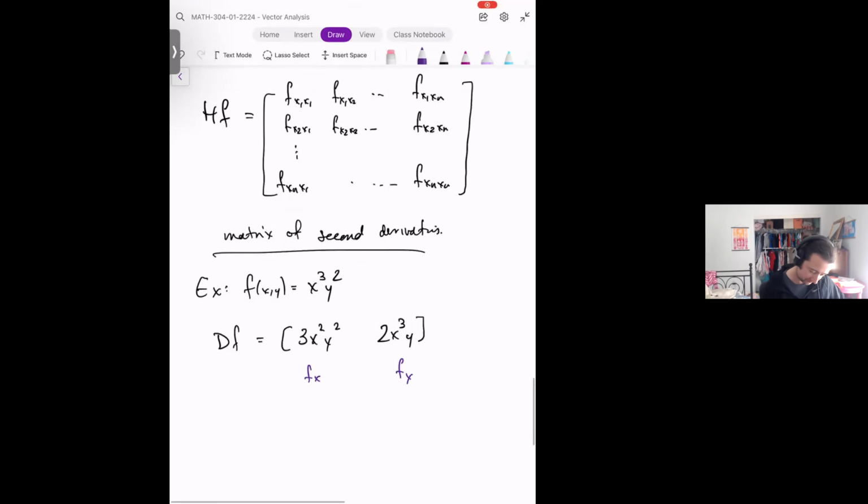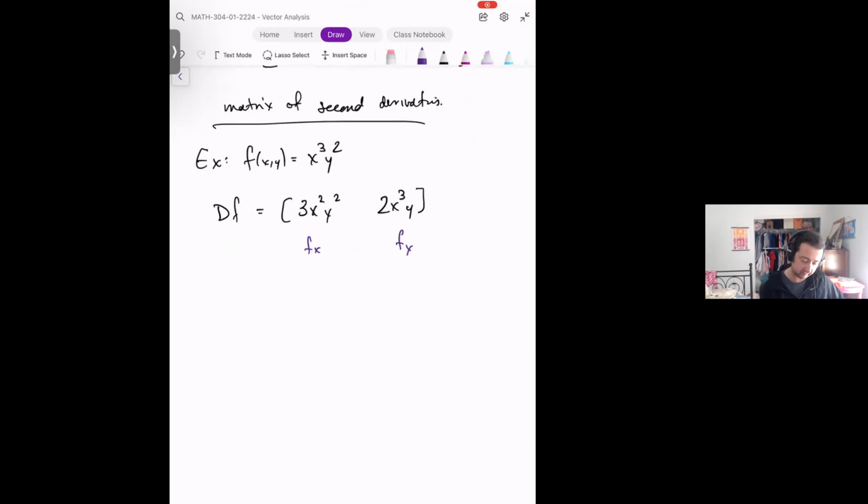Okay, that's df. What's Hf? Well, Hf says the first row of Hf is going to be all of the different derivatives that exist of fx. So we should get fxx and fxy in the first row. The derivative of this with respect to x is 6xy squared.